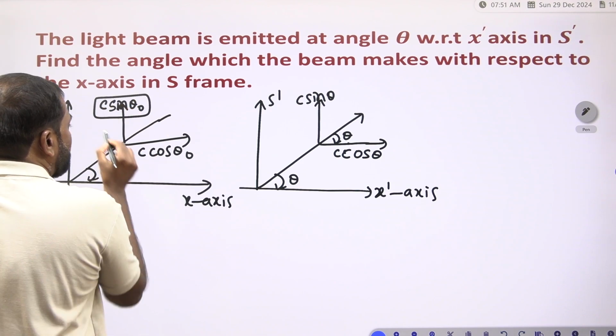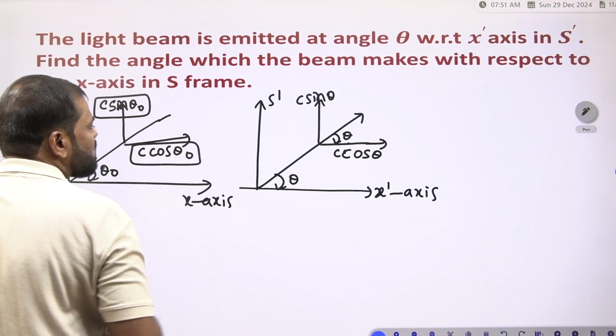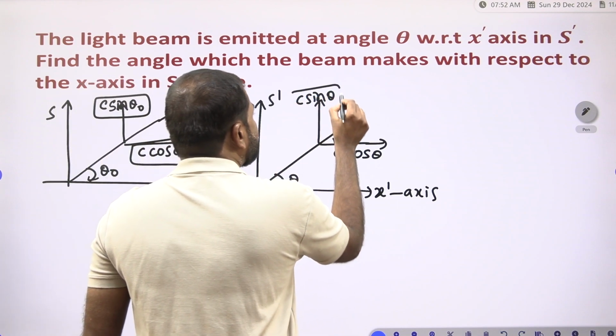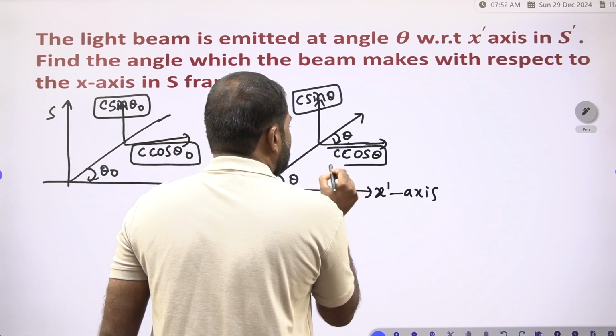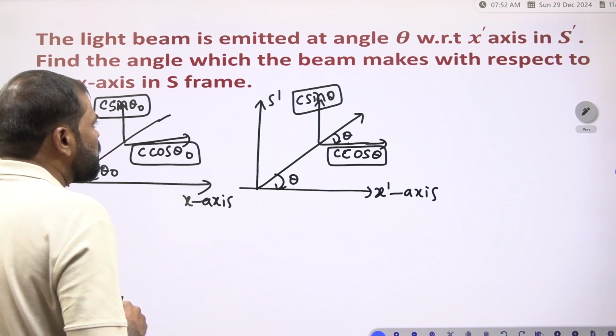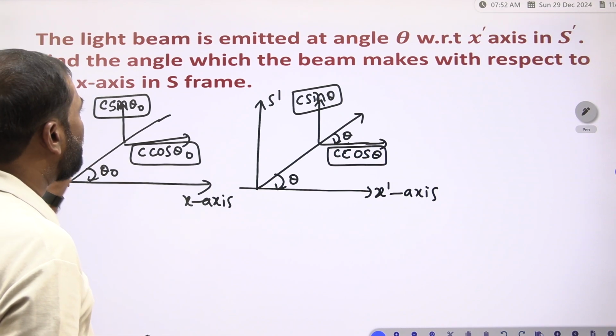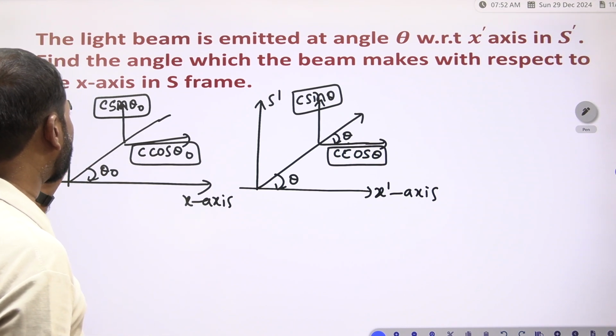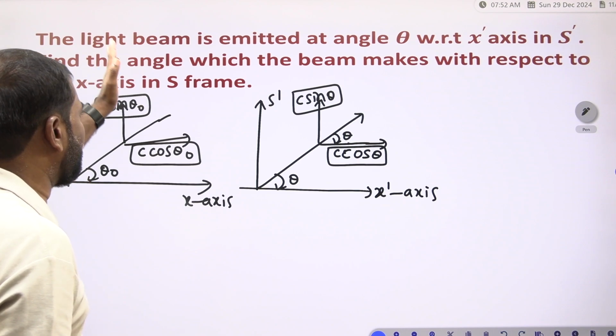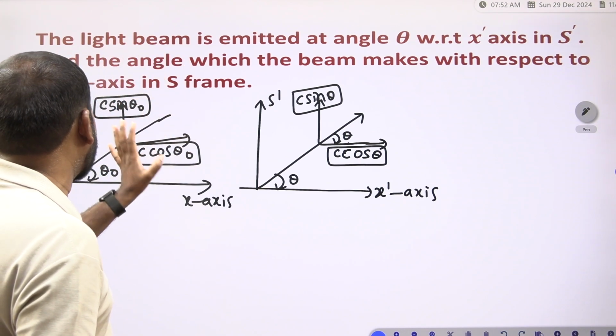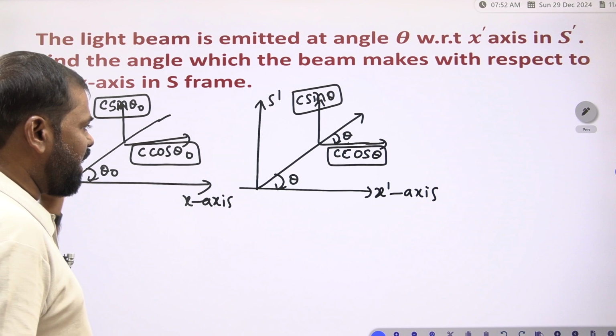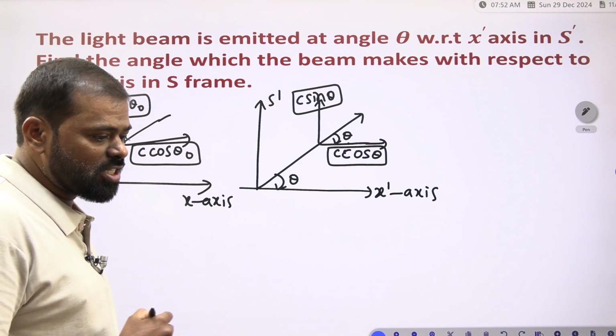So we write c cos theta, c sin theta here. Now what is our ultimate goal? Our ultimate goal is to find that theta naught, the angle which the beam makes with respect to the x axis in the S frame.